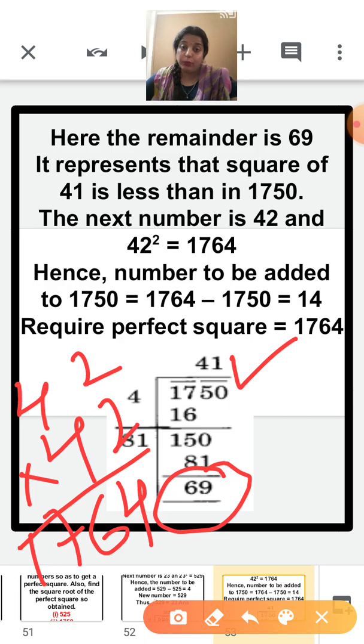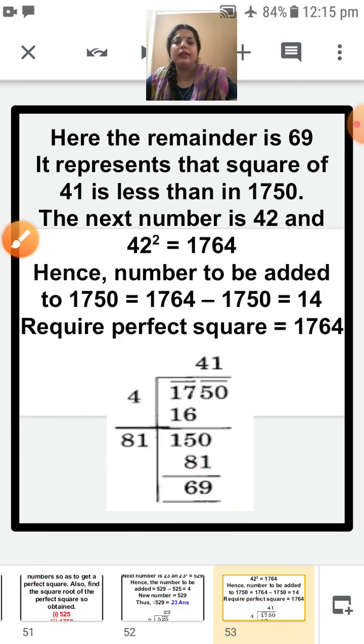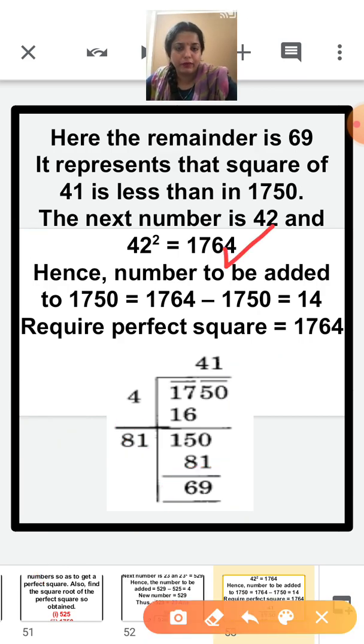Now we need to make a perfect square because the question says we need to add something. How can we find out which number we should add? 42 gives a perfect square and the answer is 1764. So subtract the existing number from the found number. You have found 1764 and we have 1750.